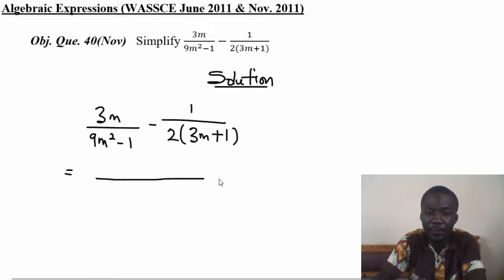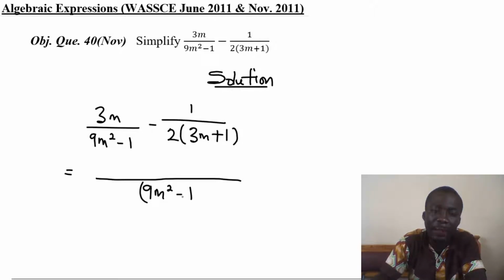And here, with the two denominators, that's 9m squared minus 1 and 2 into bracket 3m plus 1. When we pick 9m squared minus 1, 9m squared minus 1 can divide itself. And again, with 2 into bracket 3m plus 1, only 3m plus 1 can divide 9m squared minus 1.